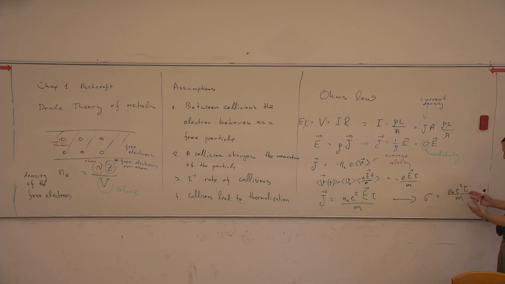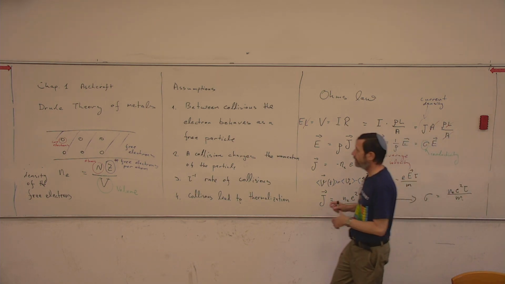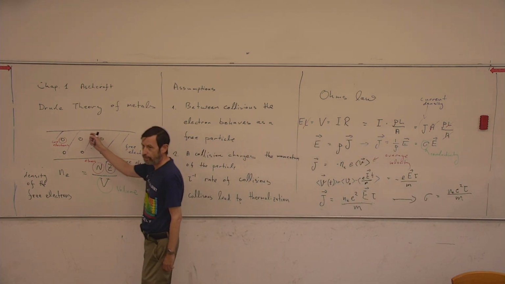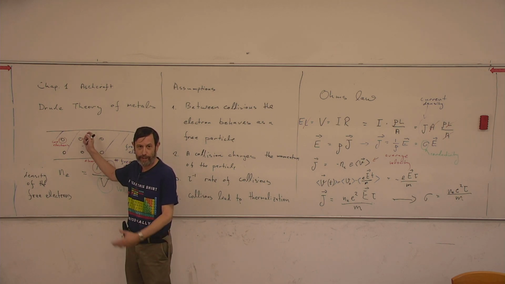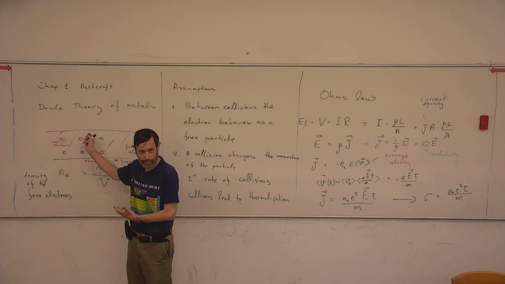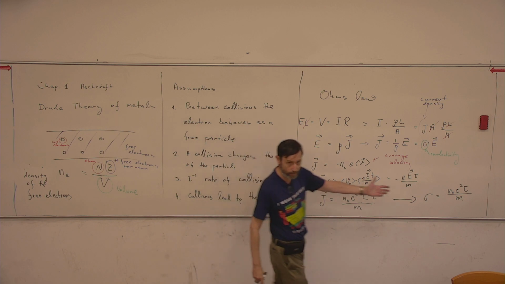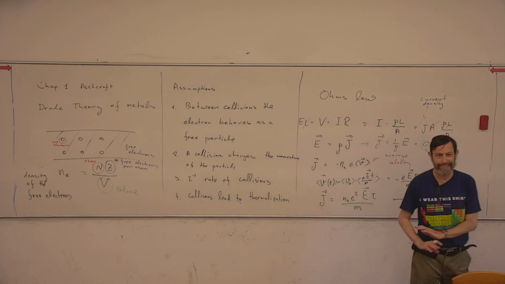Well, I measure the conductivity and I have two parameters that it depends on. So if I had some theory that forces me to say that you have 1, 2, 3 electrons per atom, perhaps you could pull out this number. It doesn't work.